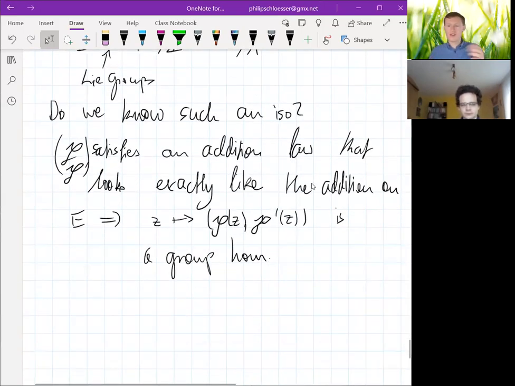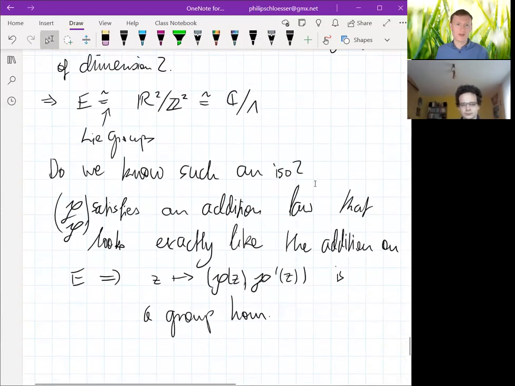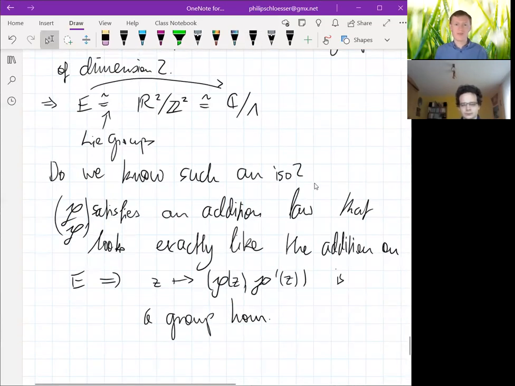So this thing is now the inverse of the isomorphism that we had here.